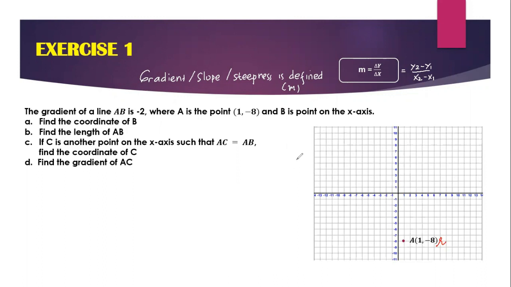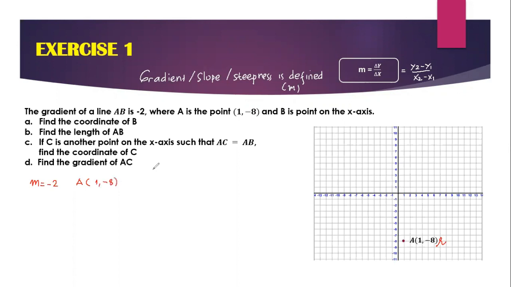The gradient of a line is -2. So we can write the gradient M is -2. A is the point (1, -8).